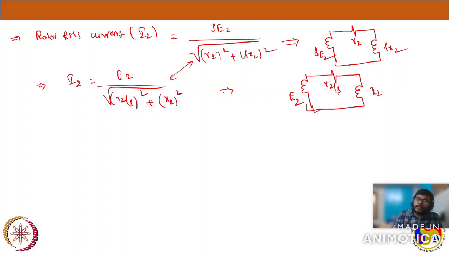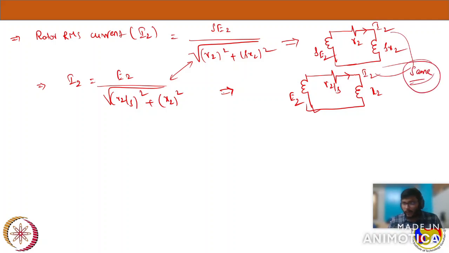But in both these circuits, the current flowing in this circuit is I2, and here it is also I2, my both currents will be same. That is very important. Even if we rearrange the circuit, if we have changed the value of resistance and did some rearrangement and got the circuit, in both these circuits, the top one A and B, the magnitude of rotor circuit current I2 is same.